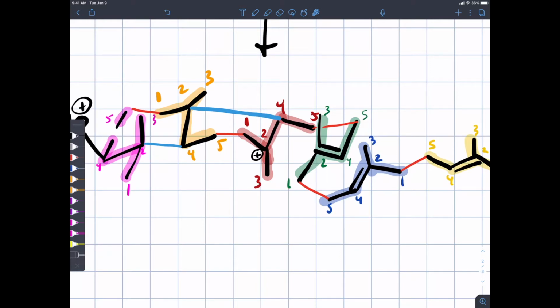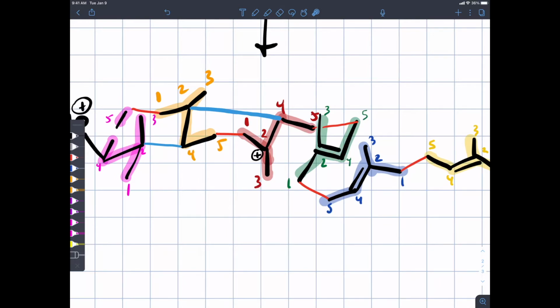Now there's a difference. See, now that we've linked together the red and the green isoprene units head to head, the carbon of the alkene that is closest to the positive charge is the more substituted one. You could imagine carbon 4 attacking red 2, but if that happens, you would make a less stable 5-membered ring instead of a 6-membered ring. Notice there's 1, 2, 3, 4, 5 atoms here.